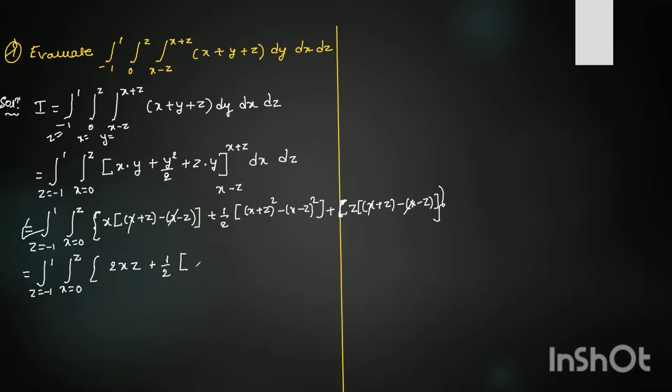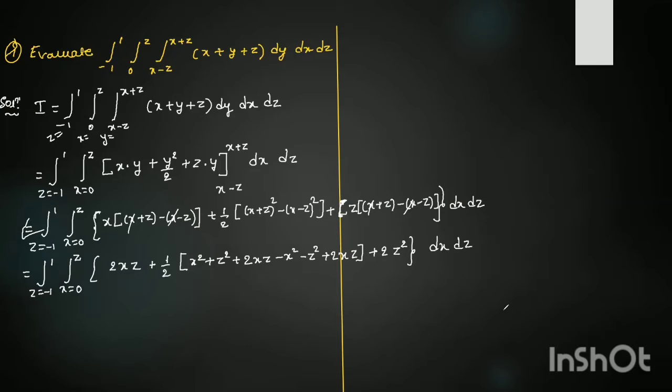Now expand this, a plus b the whole square: x square plus z square plus 2xz, minus, it is again a minus b the whole square, which is a square plus b square minus 2ab. So it is x square plus z square minus 2xz. Bracket close. Plus here z and minus minus plus z, so it is 2z square. Okay, I missed dx dz. So let me write that dx dz.